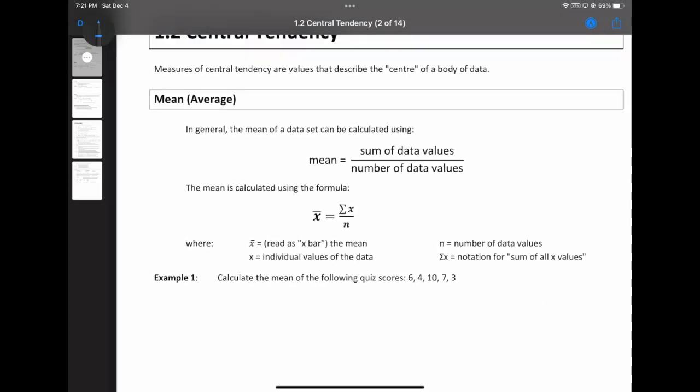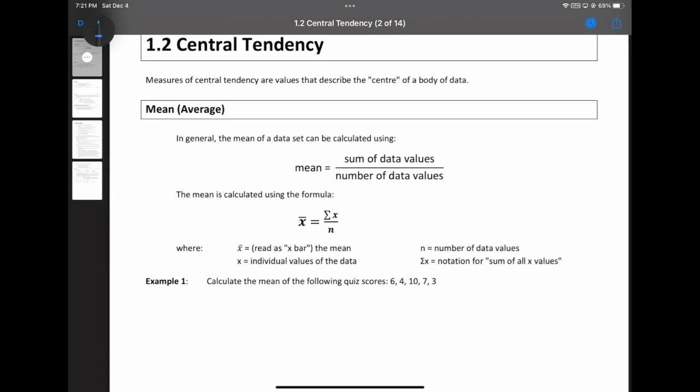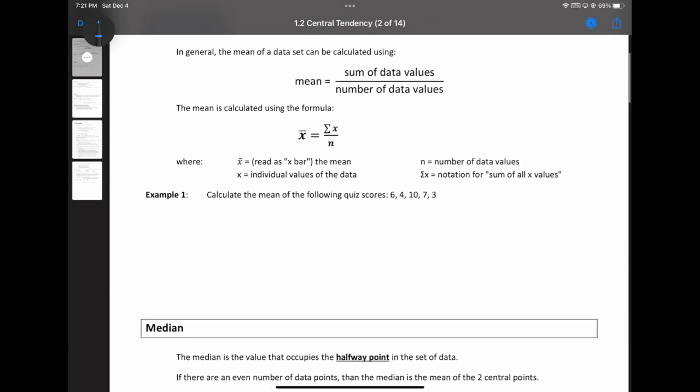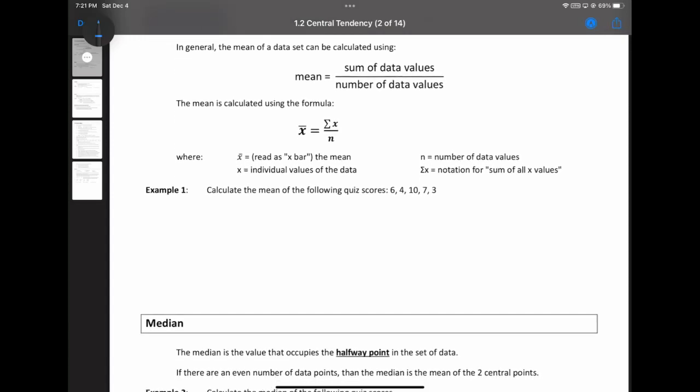Okay, so if you've got that notation down, then it's actually pretty straightforward. If you want to find the mean of a data set, add up all the numbers, divide by the number of data points. So our first example, we've got a fairly short data set there: 6, 4, 10, 7, and 3.